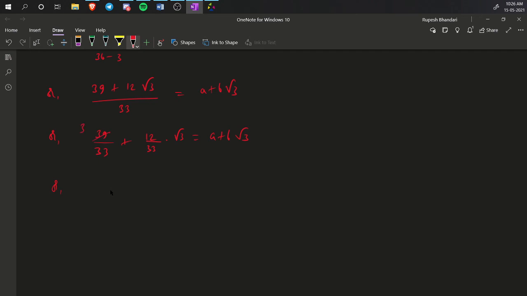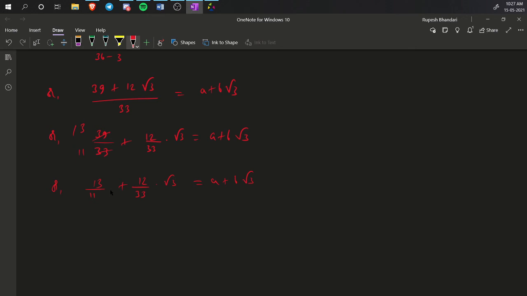So 13 by 11 plus 12 by 33 dot under root 3 equals A plus B under root 3.